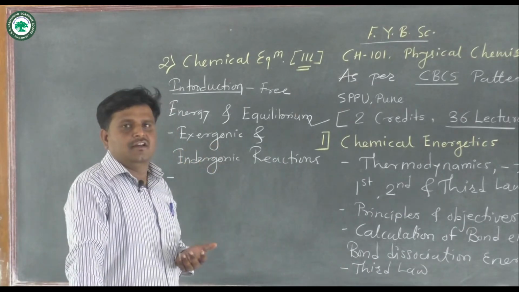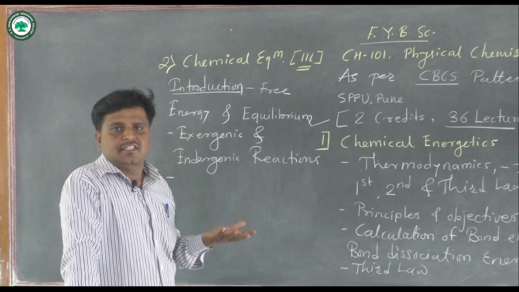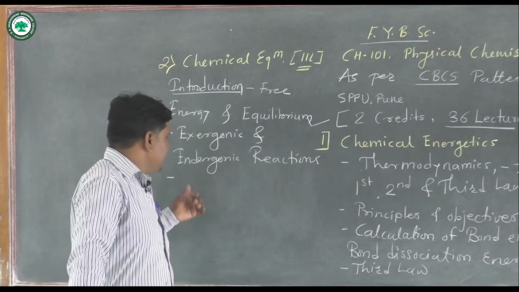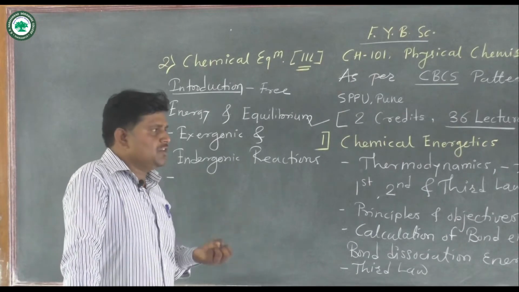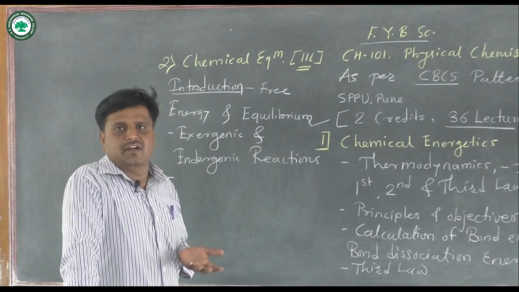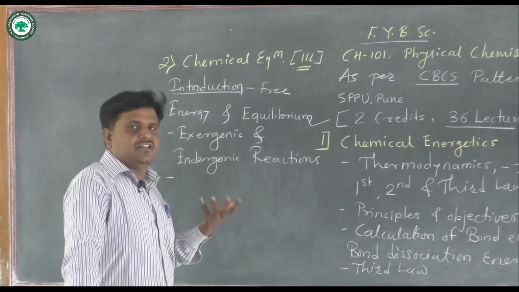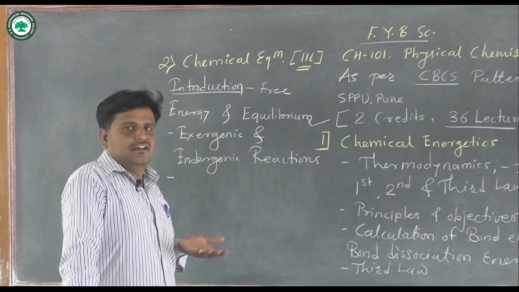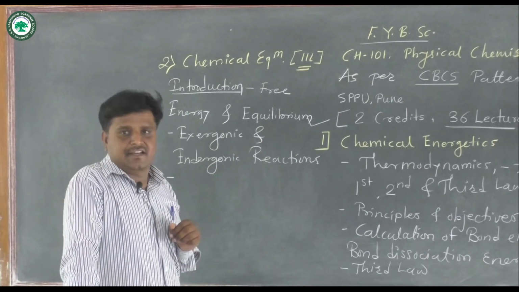Exergonic means what? Heat escapes from the system to the surrounding, and endergonic reaction means what? The reaction consumes heat from the surrounding, so the temperature of the surrounding is decreased.